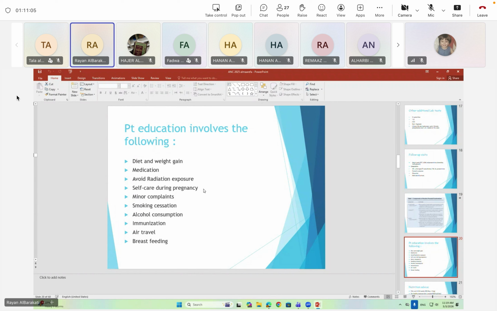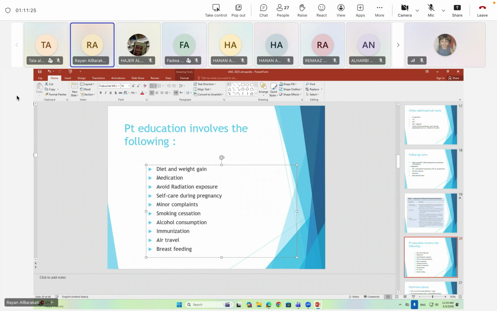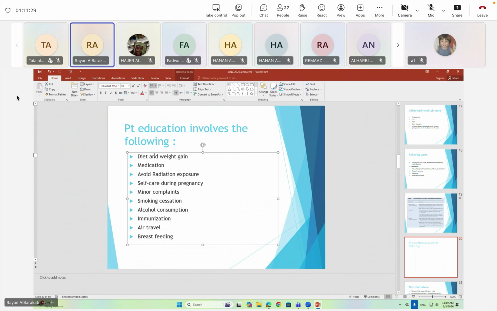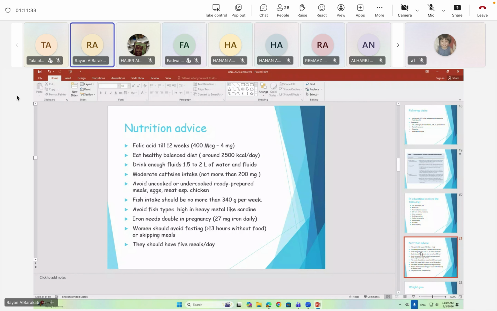You will give them self-care advice during pregnancy, answers to minor complaints, smoking cessation if they are smoking, alcohol consumption and education about the risk of alcohol in pregnancy, immunization, air travel education, and breastfeeding, and this usually comes toward the end of the pregnancy before delivery.